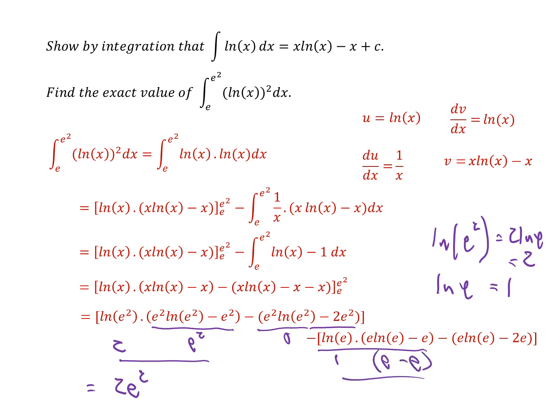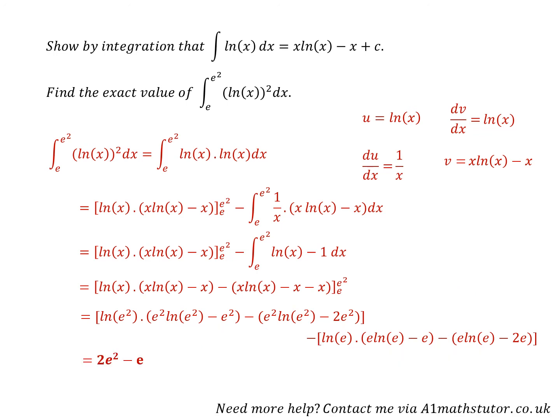So that part is 0. And then we've got e ln e, which is just e, minus 2e, so that's minus e, but we've got a minus here and another minus here. So that's minus a minus minus is a minus. 2e squared minus e. So there's the confirmation.